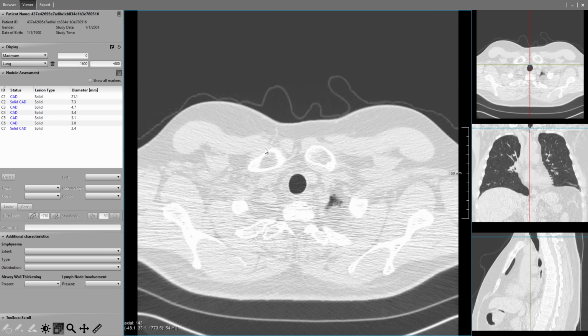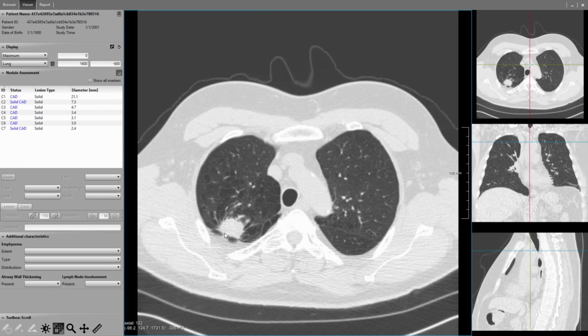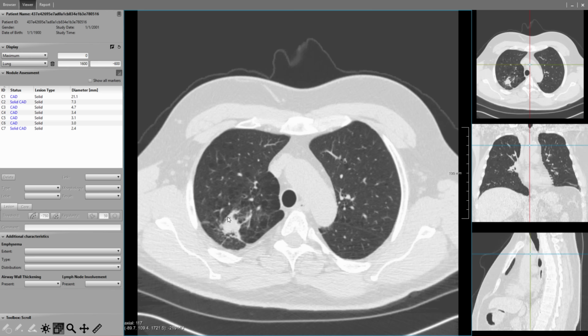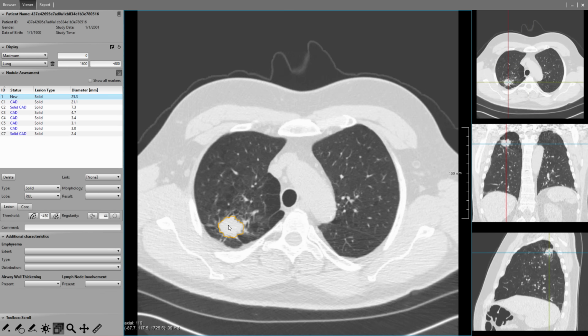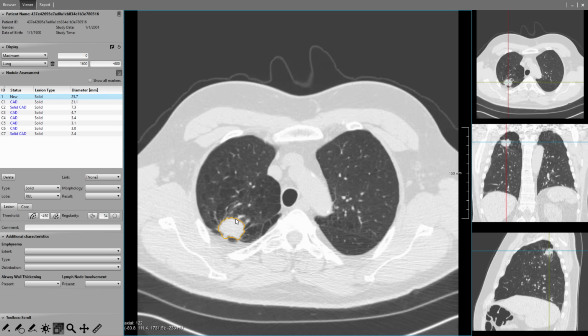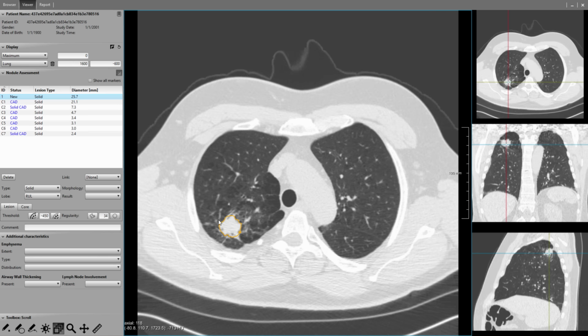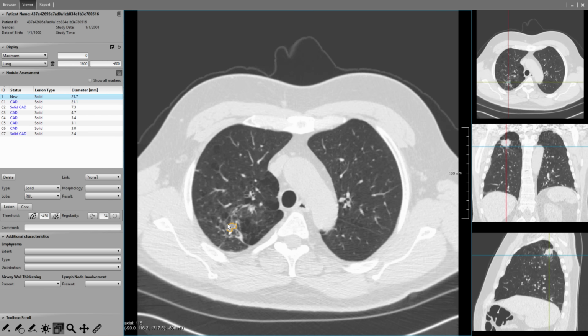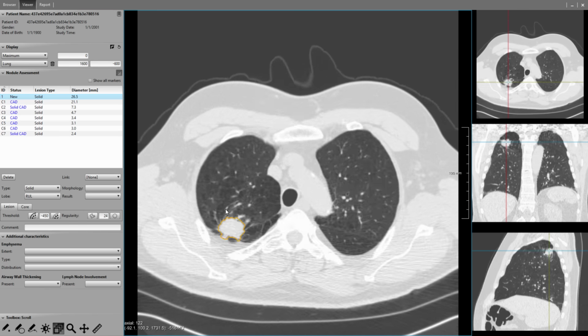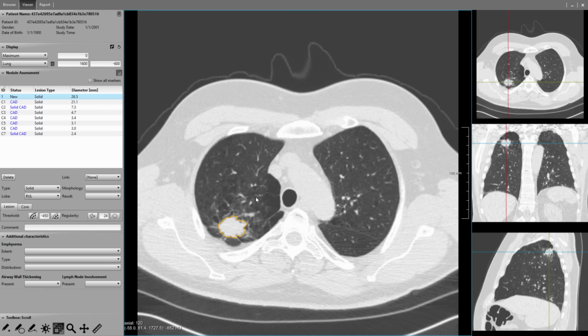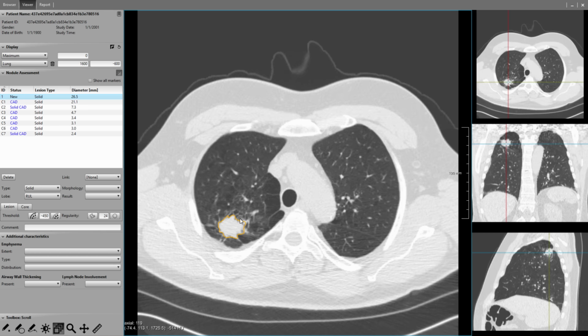So this is another cancer case. Wow, and that's pretty clear, a very suspicious lesion, very big. It's also spiculated. I think the segmentation should be a bit more irregular. Very big, almost 3 centimeters.